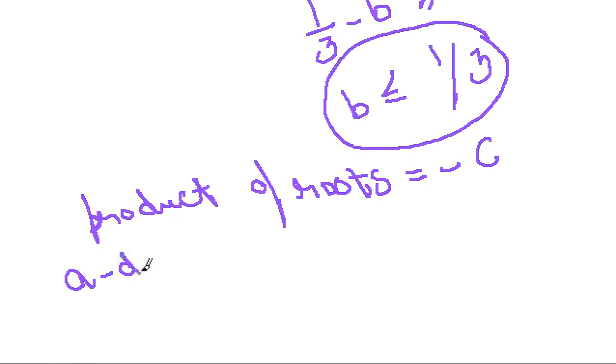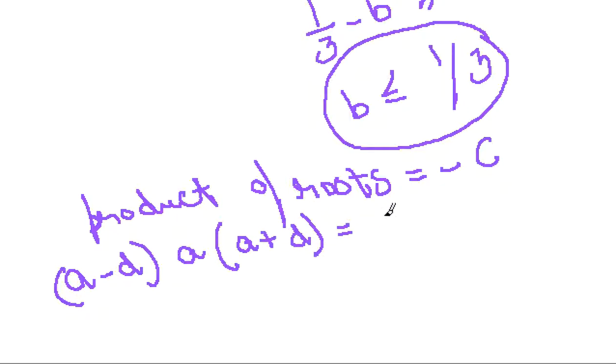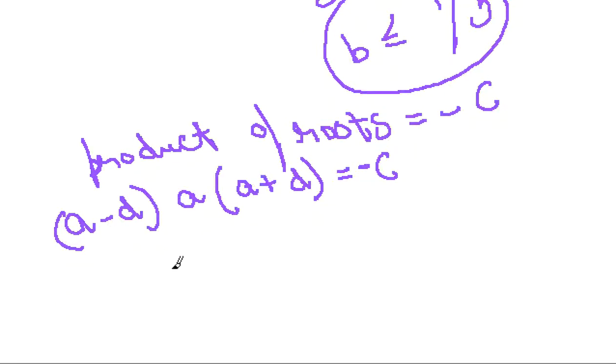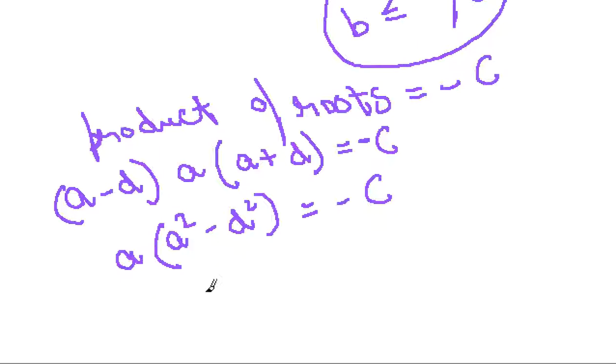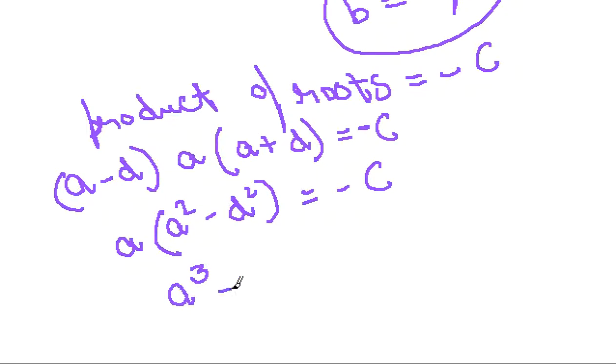A minus d into a plus d into a is given to be equal to minus c. Now a minus d into a plus d is a square minus d square. So this is a cube minus a d square, equal to minus c.